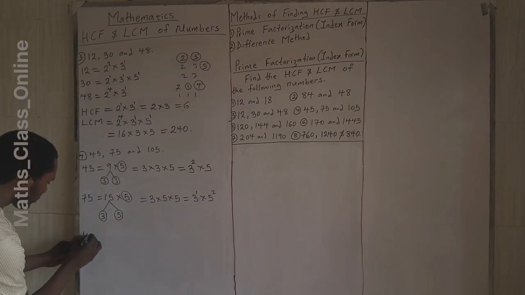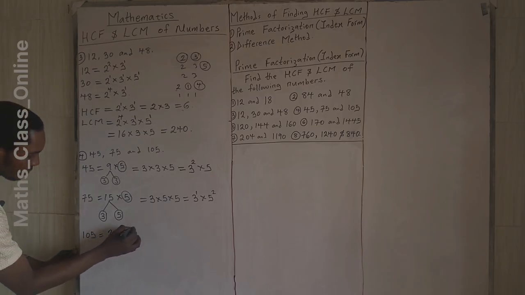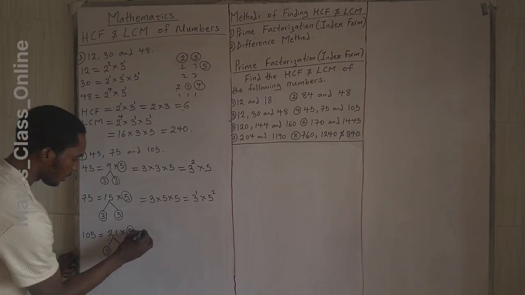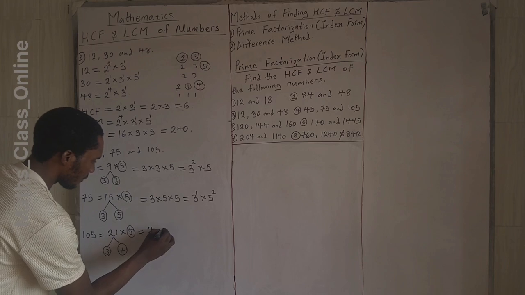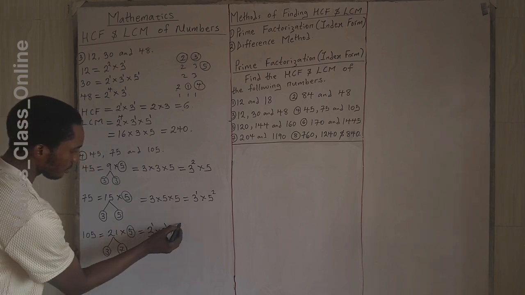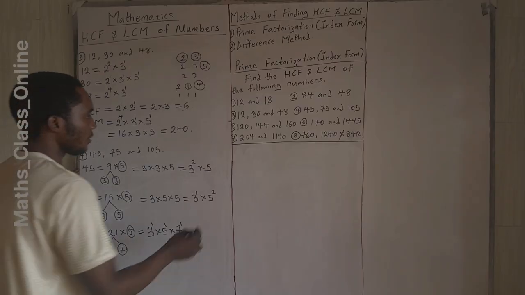105. This is equals to 21 times 5. 3 times 7. 3 is a prime. 7 is also a prime. This is 3 times 5 times 7. Now write this in index form. Bring out 45.